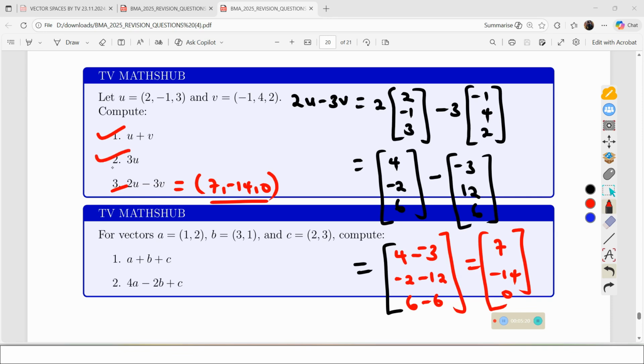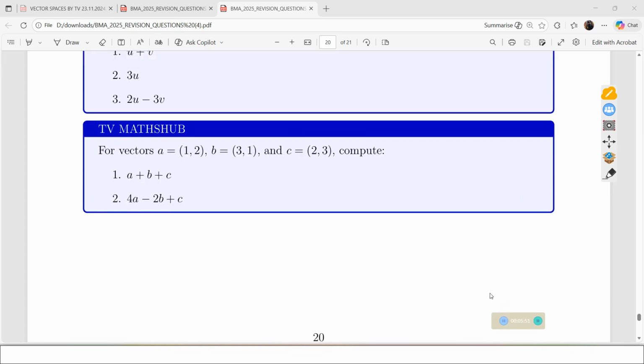So far this is done, and this is done. I hope this is very easy to compute, and for that case you should now be able to compute this part. You are given a, b, and c. You need to compute a plus b plus c. You need to compute 4a minus 2b plus c. So you should be able to compute for these vectors as well. I'm assuming that you will be in a position to compute this.